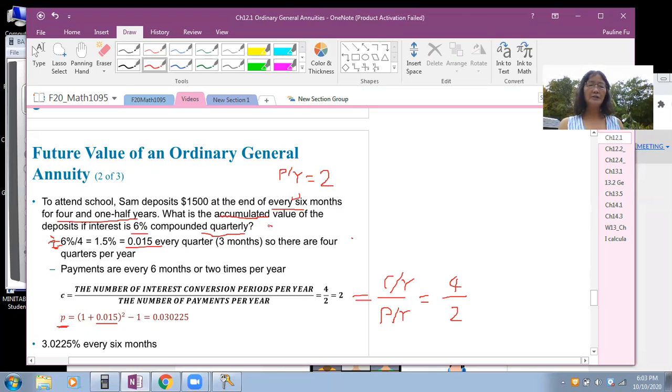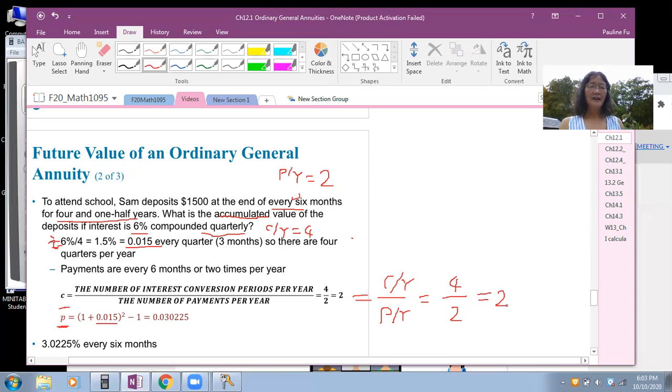Interest compounded quarterly means CY equals 4. Once we have CY and PY, we can calculate C. C equals CY over PY. CY is 4, PY is 2, so C equals 2.